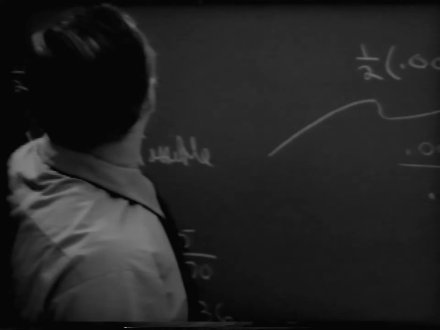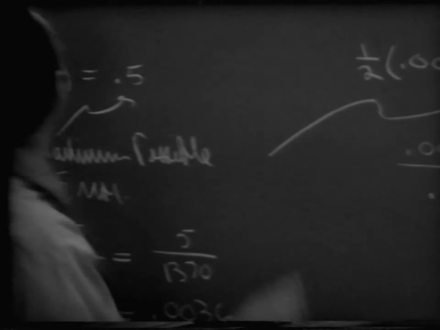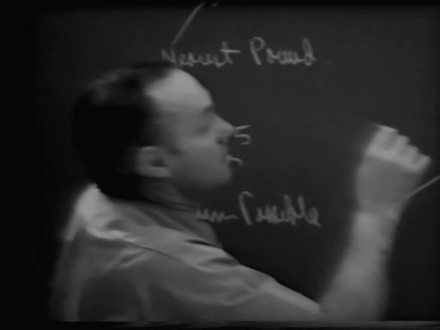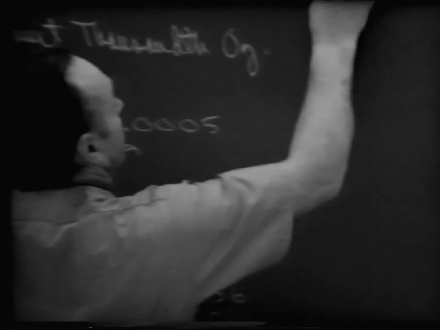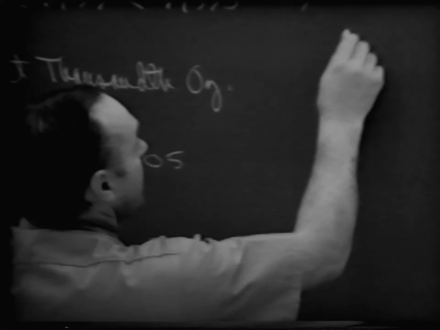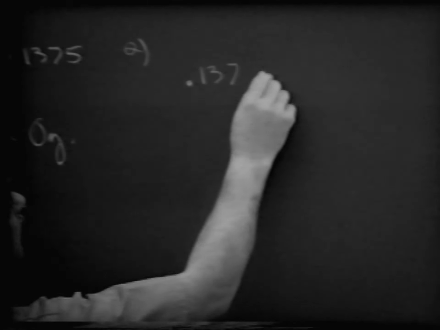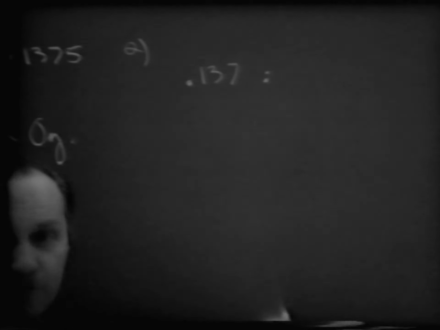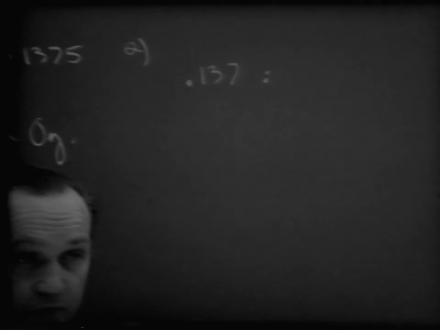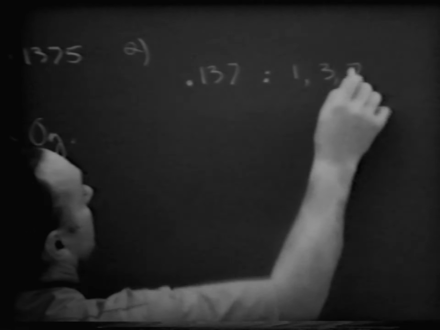Okay? Well, let's see now. I think perhaps there are one or two other ideas that we can talk about. Let me call this our first notion. And suppose we were to talk about significant digits. If I look at the number 0.137, the number of significant digits here is all three digits, namely the 1 and the 3 and the 7.